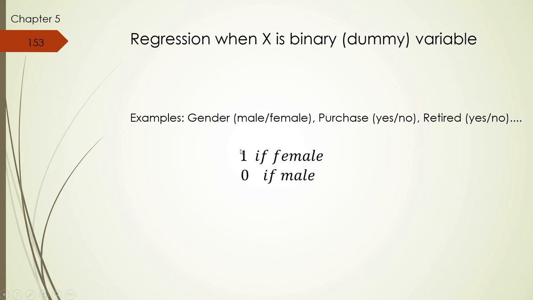You can designate values 1 and 0. In that way, we are actually constructing a new variable that we call a dummy variable. The ones and zeros are indicators of dichotomous variables.